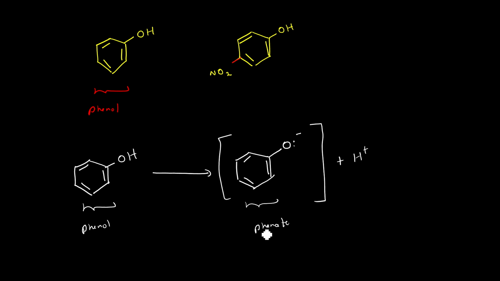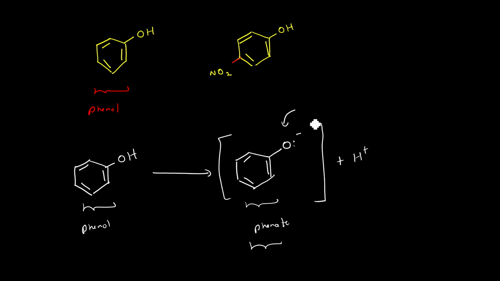If this is relatively destabilized, if it is not stable enough, then the reaction rate won't be that efficient or rapid. So the more stable this final product gets, the higher the acidity, because the more stable this product is, the higher the reaction rate. A higher reaction rate means these protons are leaving more rapidly.